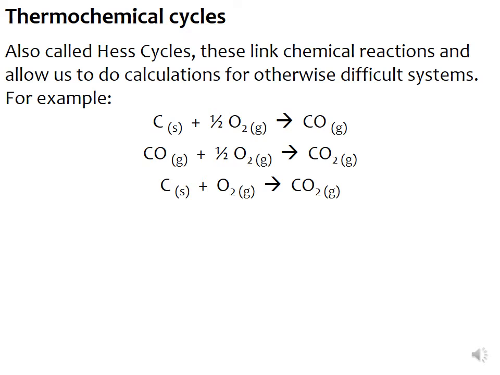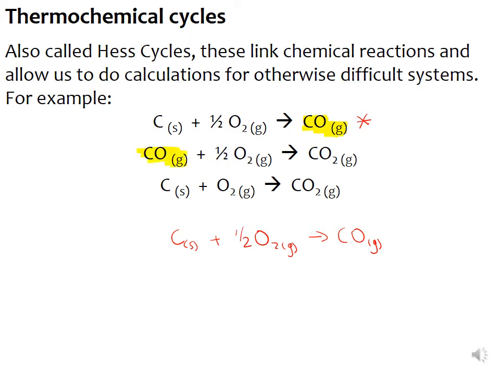I'm going to take this first initial reaction that we've got at the top, and I'm going to write that out again, and this is going to form the top of our cycle. So carbon solid plus half O2 gaseous forms CO gaseous. Now if we look, we've got here CO gaseous, and that actually appears as the reactant for our next reaction.